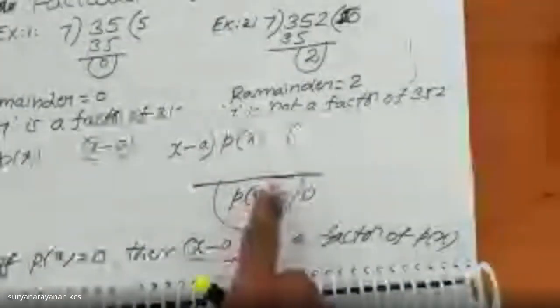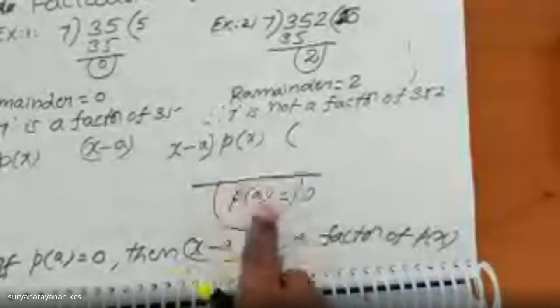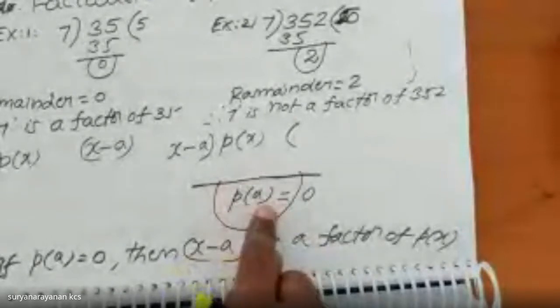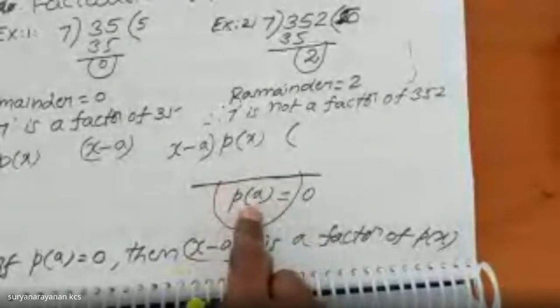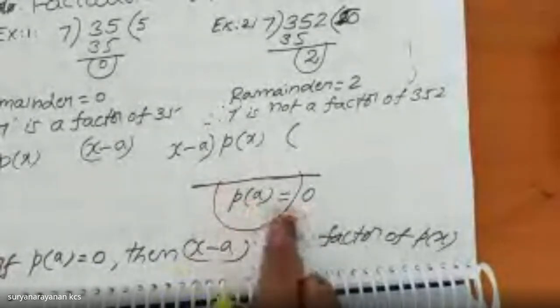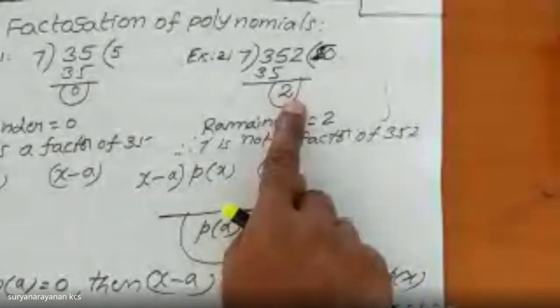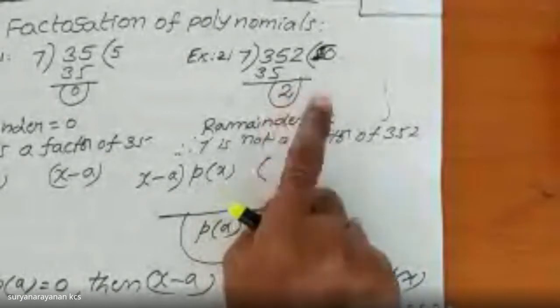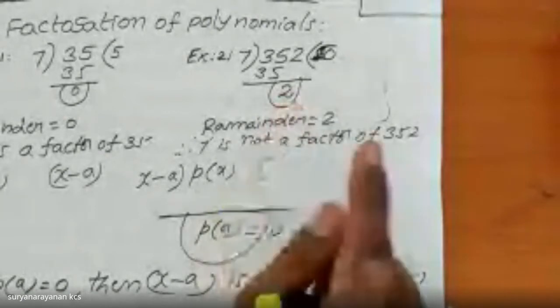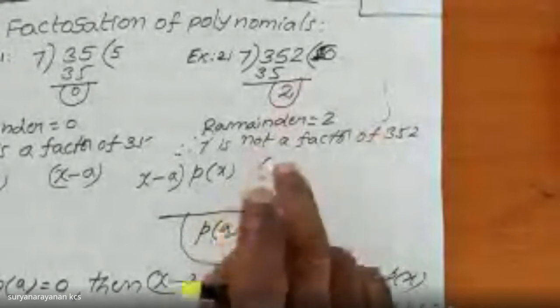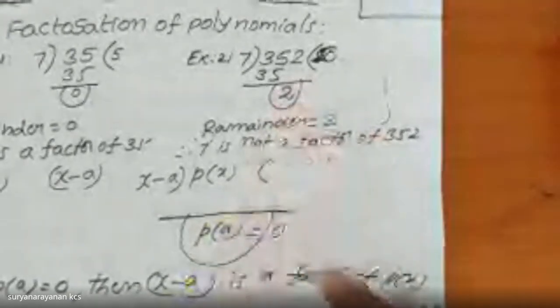In the notation form, you have to tell P of A. Sometimes the remainder may be 0, and sometimes you get non-zero. It may be any real number other than 0, maybe 1 by 2 or 3 by 2 or 2 or minus 2. Understood this point, my children?